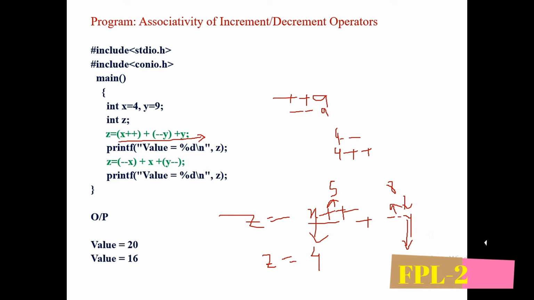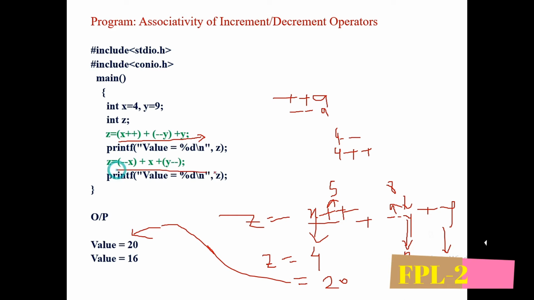Now your y will become 8. Then plus y. Now your y is 8. So it will come out to be 8 plus 8 plus 4. It will give you the value as 20, as present here.